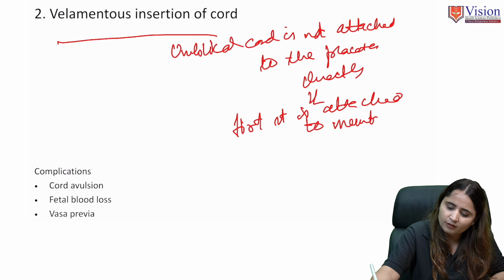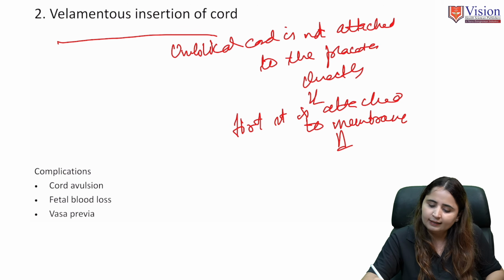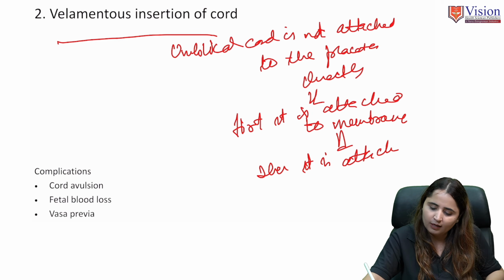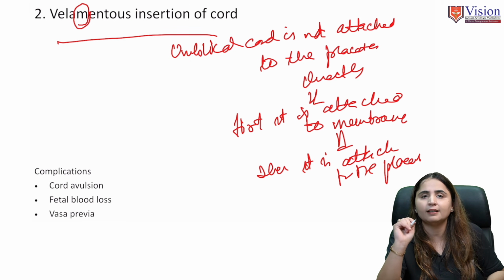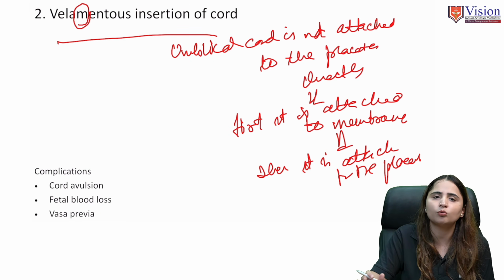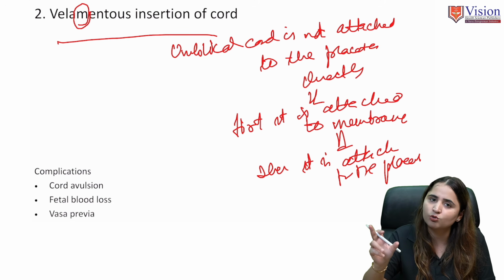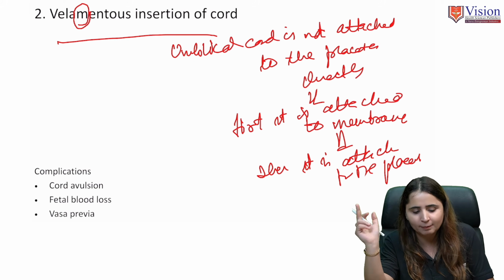So remember, in velamentous, it is attached to the membrane first, and then it is attached to the placenta. For velamentous, remember the M, which stands for membrane. That is a tip to help you remember.